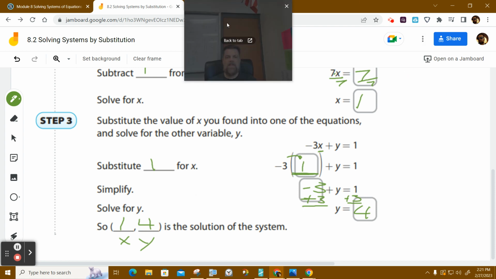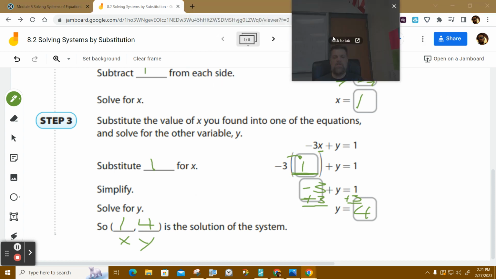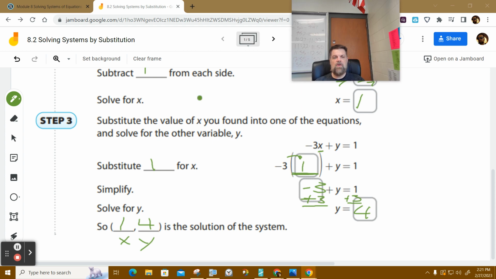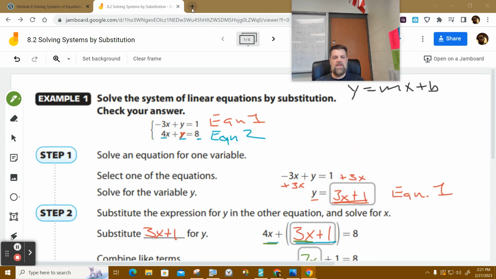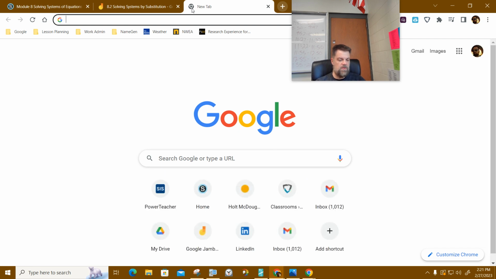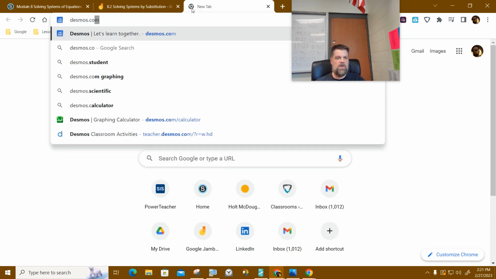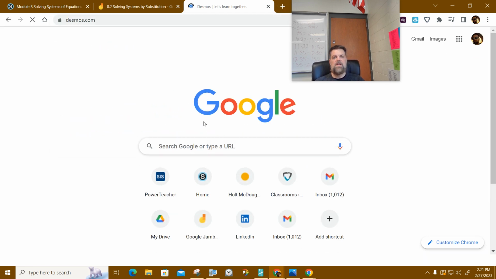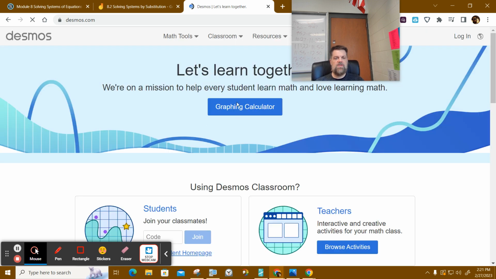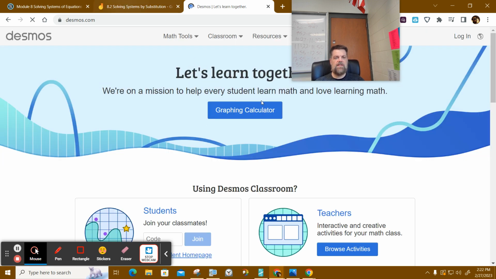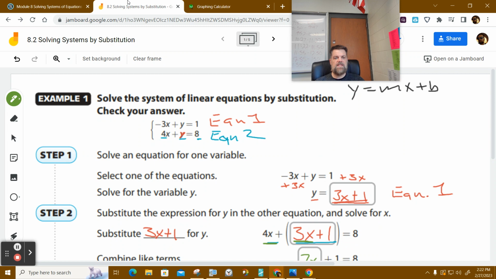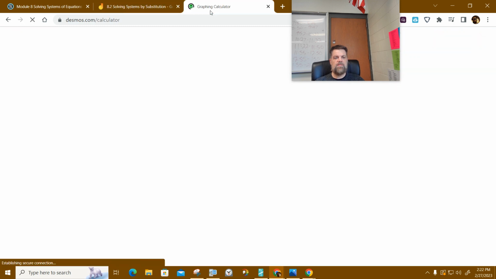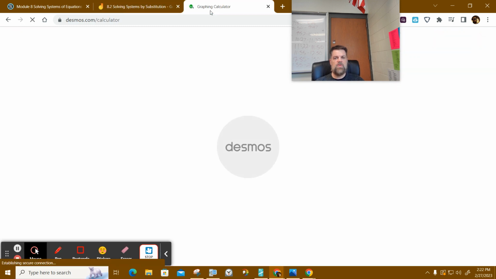Yeah, I could graph it. Now, what you could do is use the graphing calculator, or if you're feeling fancy, we could just graph this in Desmos. I like to show you guys how to do both calculators. So you just go to Desmos, you go to graphing calculator, give that a second to load.